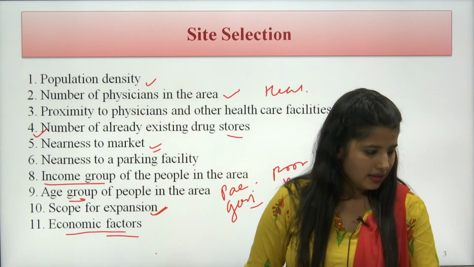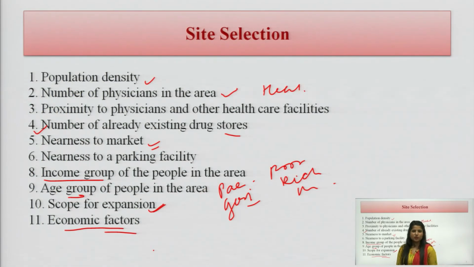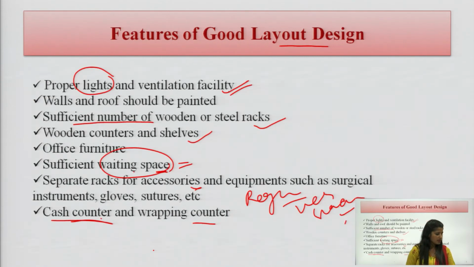In the site selection criteria we have discussed some points, which factors we have to include, as I told you: the population, number of physicians, how many healthcare centers are there, existing drug stores, how much competition there is, parking facility should be there, traffic should be minimum, age group means the pediatric and geriatric populations. So, we will note it, and according to that we will see which site is best for either a retail store or a wholesale drug store.